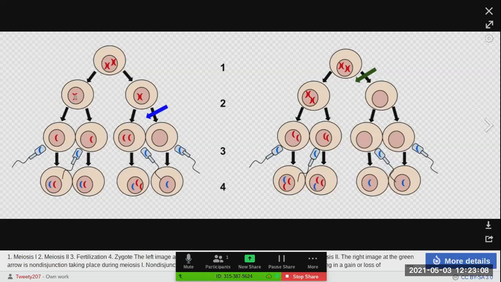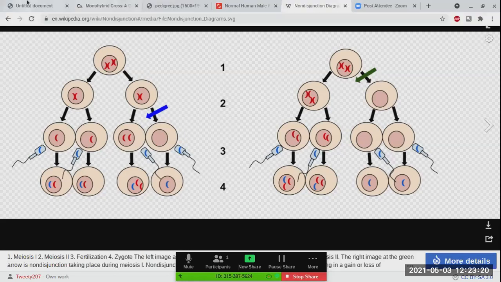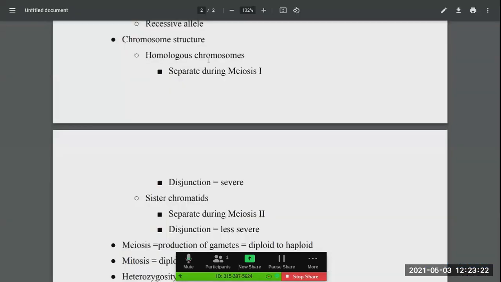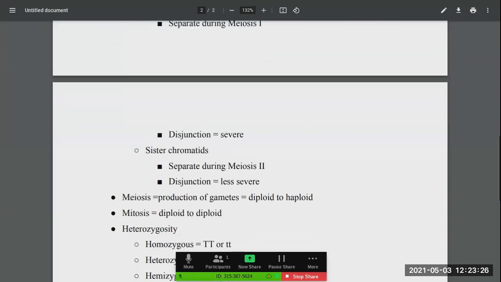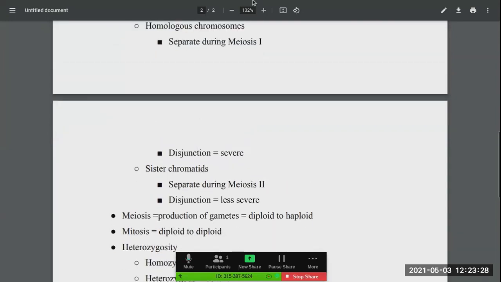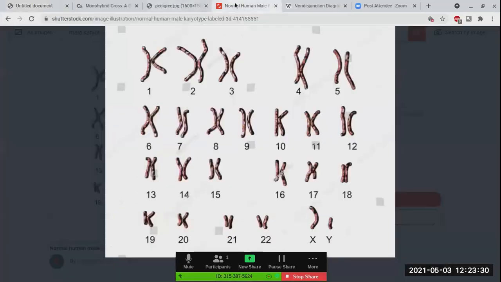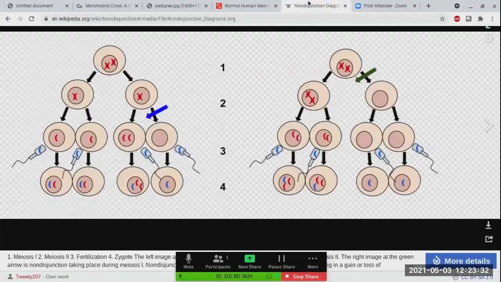These are the sister chromatids, they are exact copies. Homologous chromosomes are one from the father, one from the mother, plus their copies. That means you are going to have four. So homologous chromosomes separate during meiosis one. And if nondisjunction occurs, it is going to be very severe. This is the one I want to talk about.